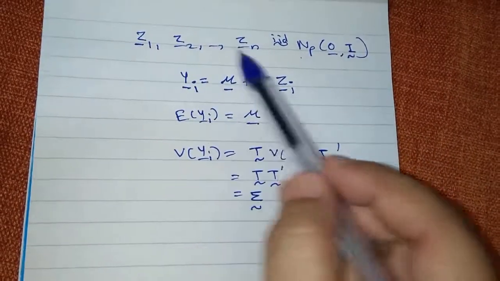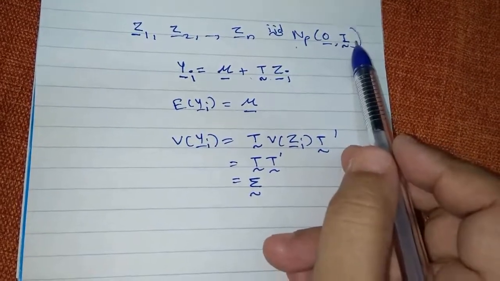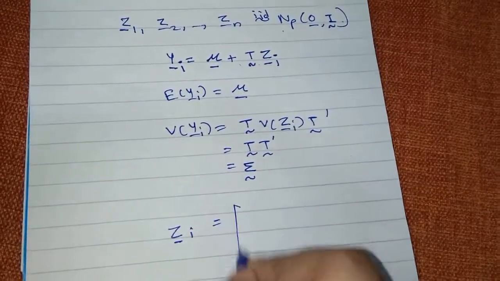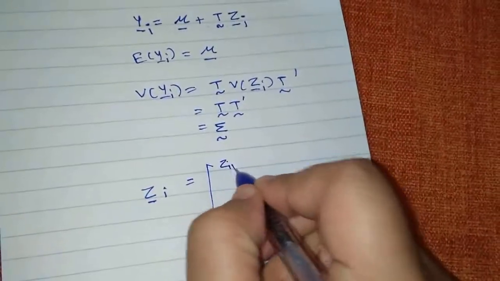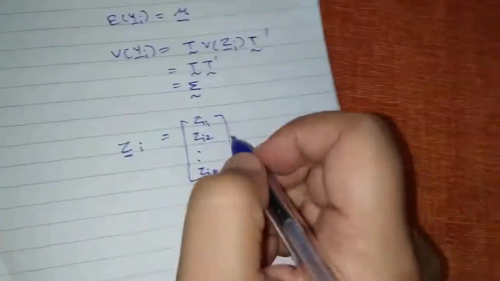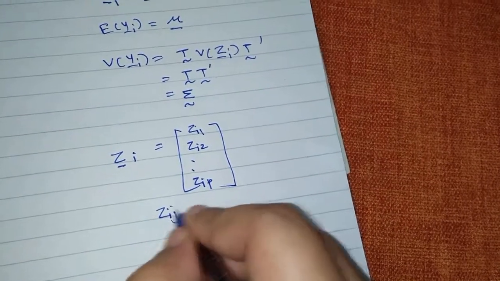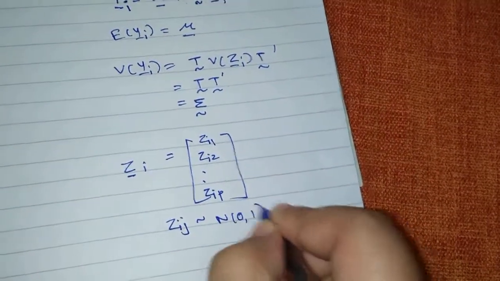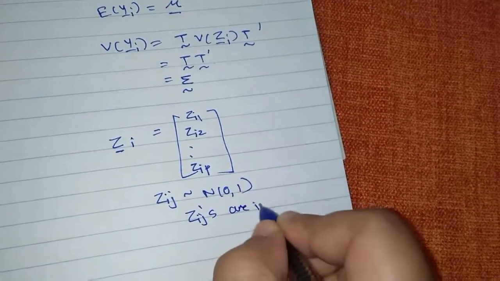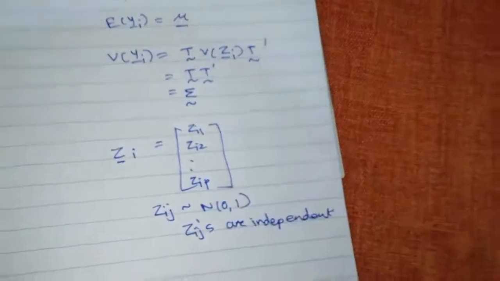Now how to get these Z1, Z2, ..., Zn? Because we know that each of them is standard multivariate normal, each Zi would simply be Zi1, Zi2, ..., Zip, where each Zij is normal 0, 1, and all Zij's are independent because the variance covariance matrix is the identity matrix. There is no covariance between them.